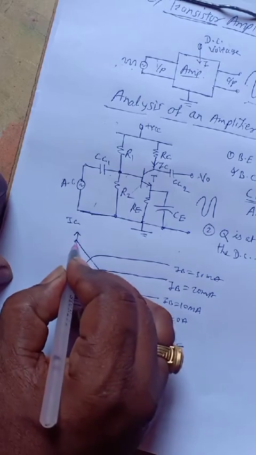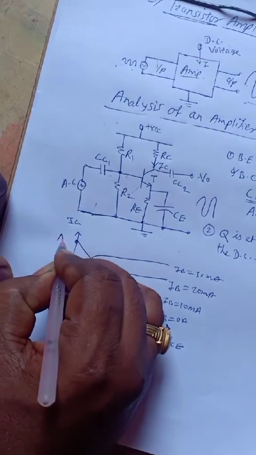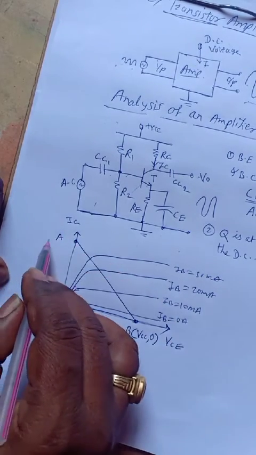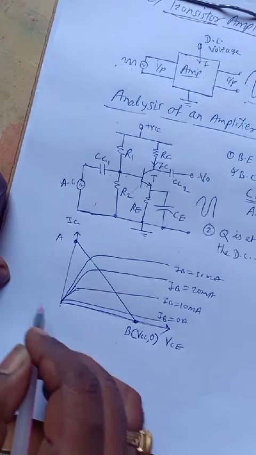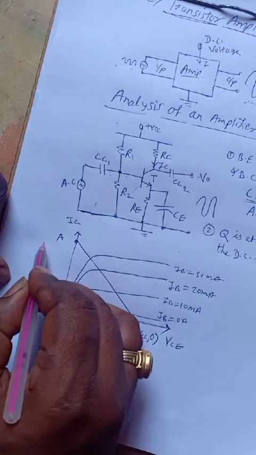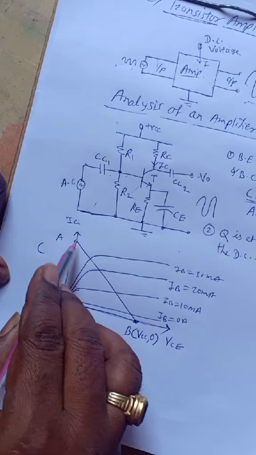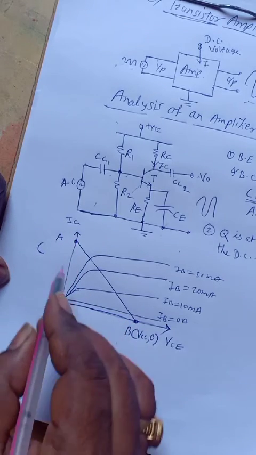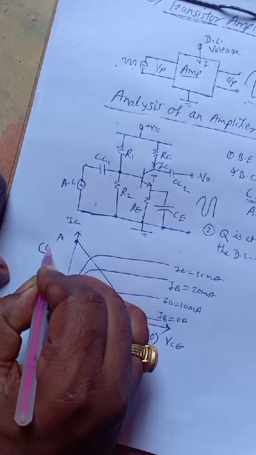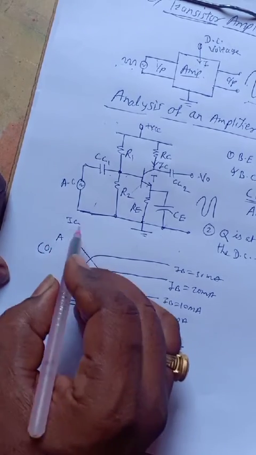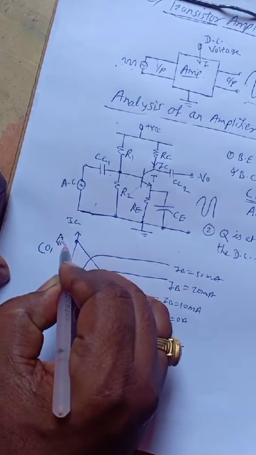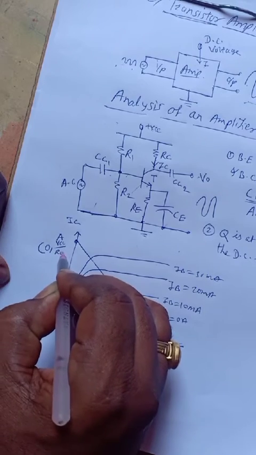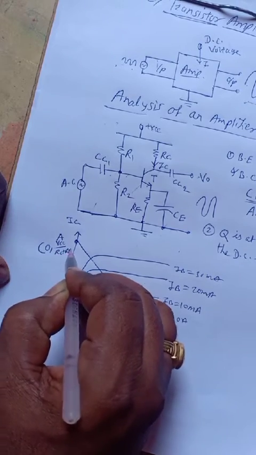And if we observe this point A, which is a saturation point, the points on the y-axis have x coordinate 0. So the x coordinate is 0, and this is given by VCC divided by RC plus RE.